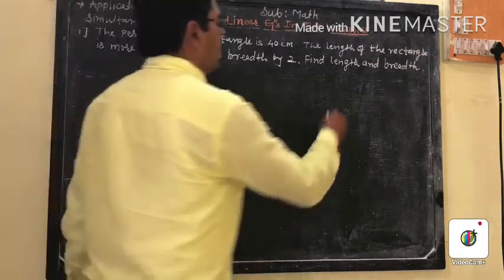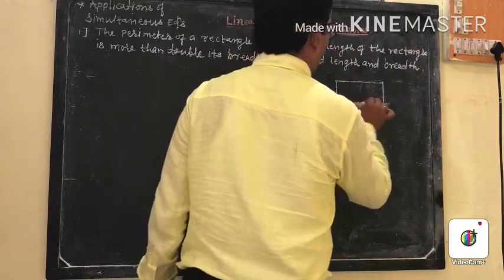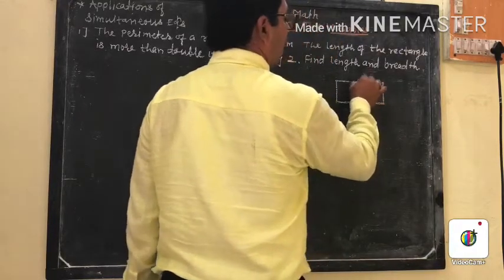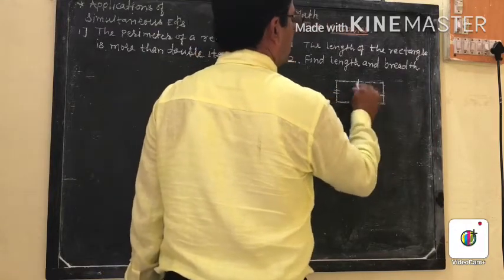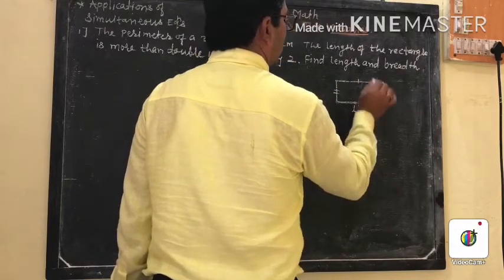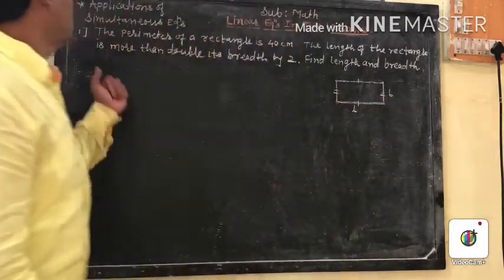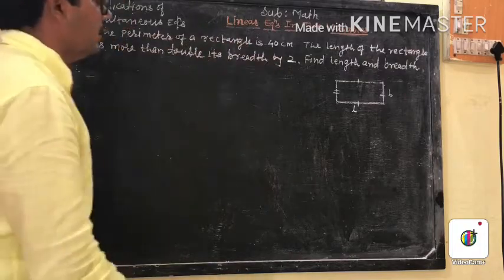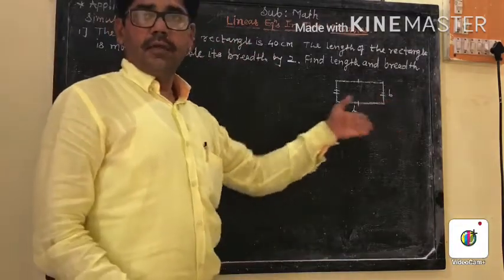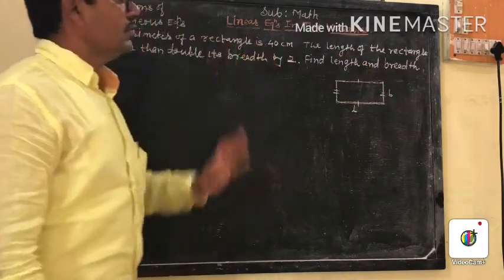You know the rectangle has 2 equal lengths and 2 equal breadths. We are considering length as L, breadth as B. Now, what is the condition given? Perimeter of a rectangle. What is the perimeter? Perimeter means sum of all four sides is equal to 40 centimeter.